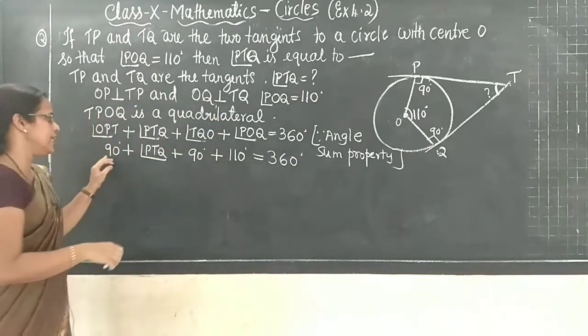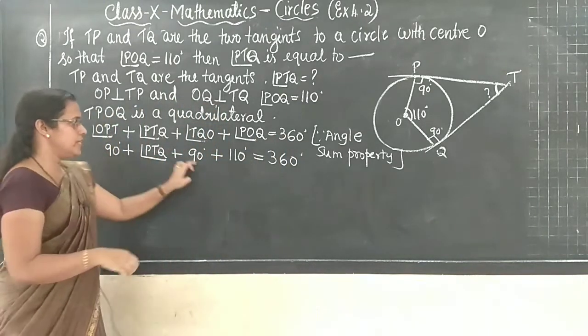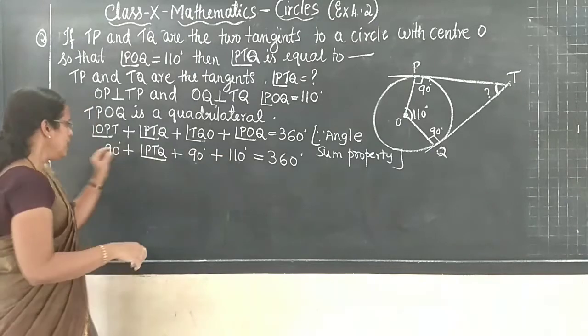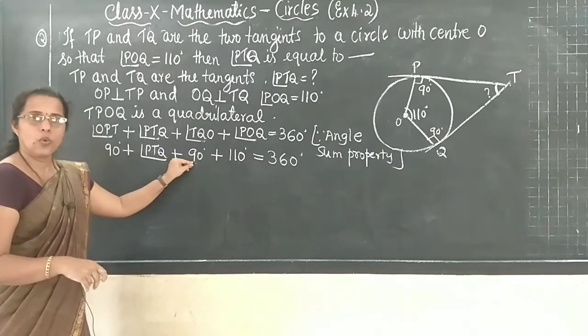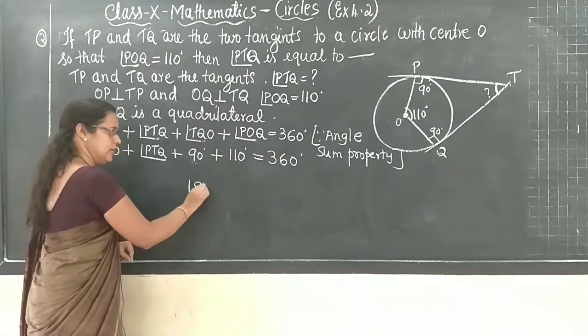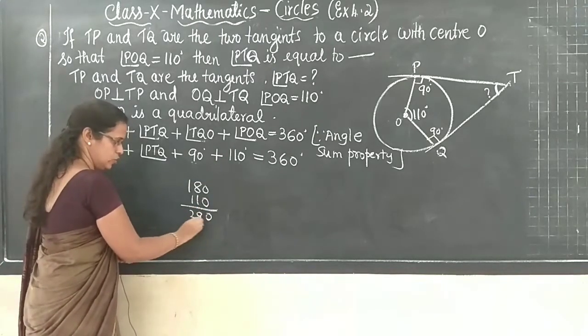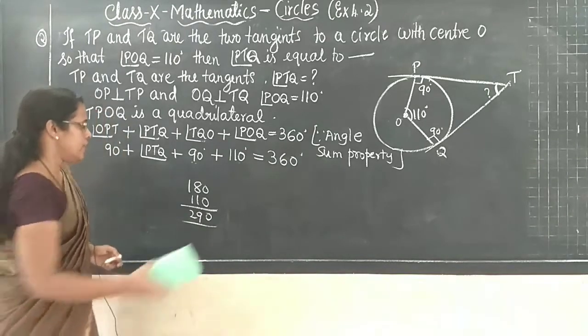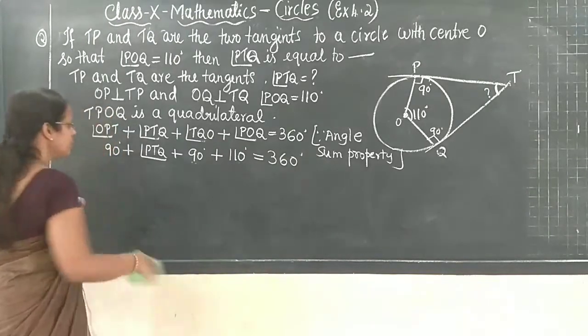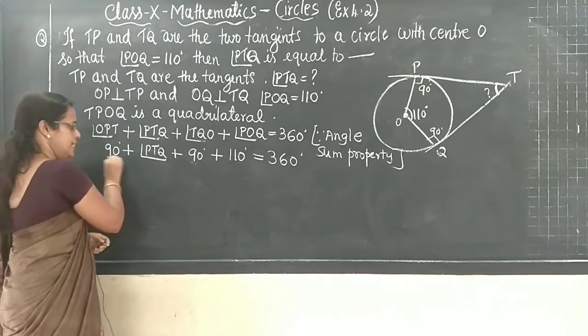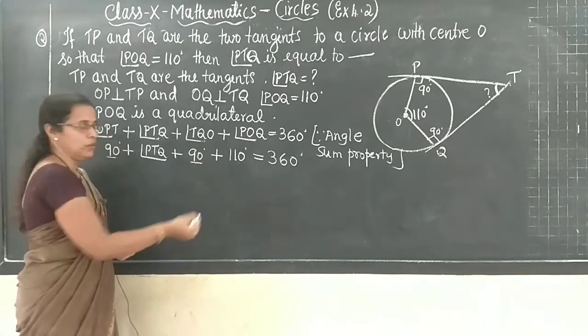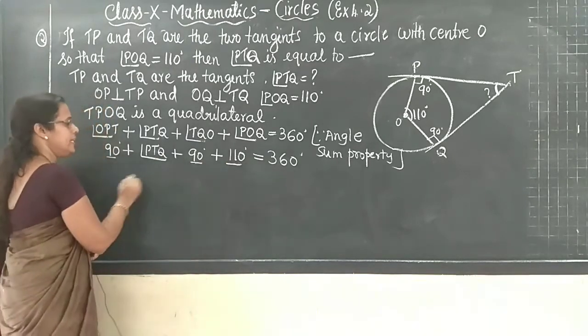Now what you have to do, see here, add this and this. 90 plus 90, 180. 180 plus 110, it is 290. Right, children?